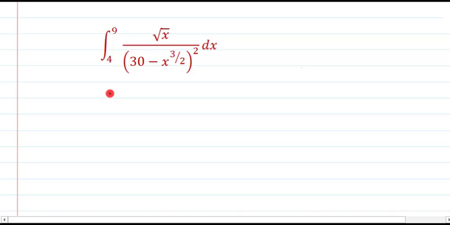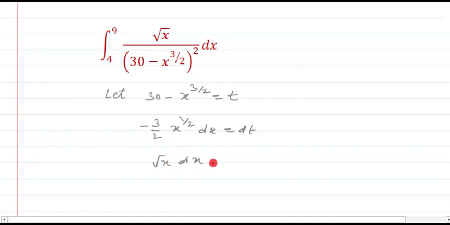The common part is the substitution. Let 30 minus x power 3 upon 2 be t. Now the differentiation of this is minus 3 upon 2 x power 1 upon 2 dx equal to dt. So from here you are getting root x dx is equal to minus 2 upon 3 dt.